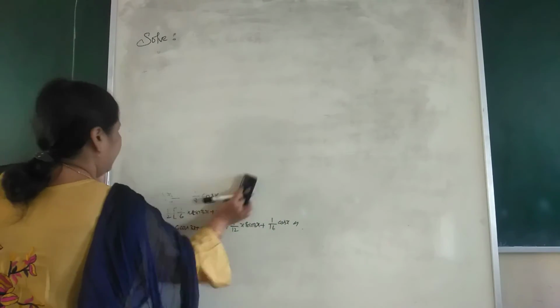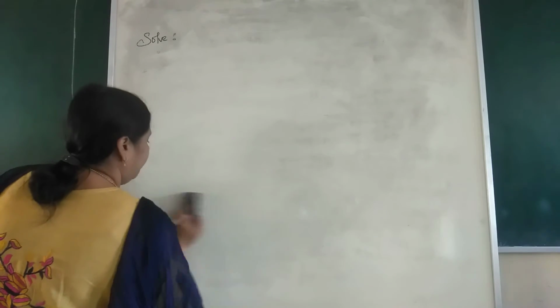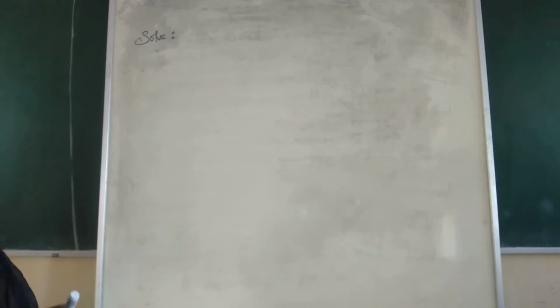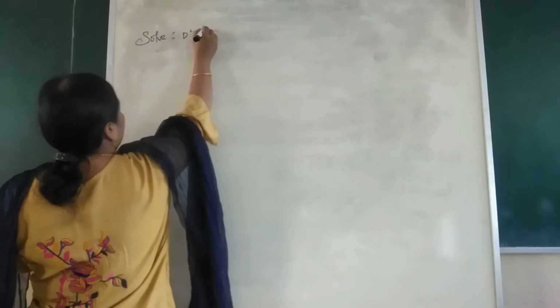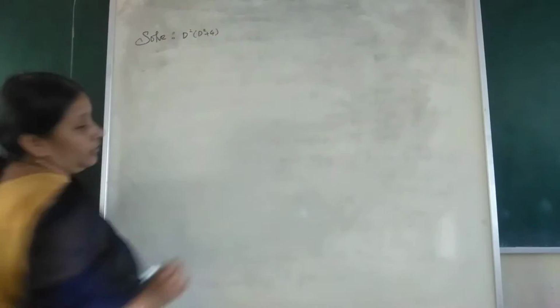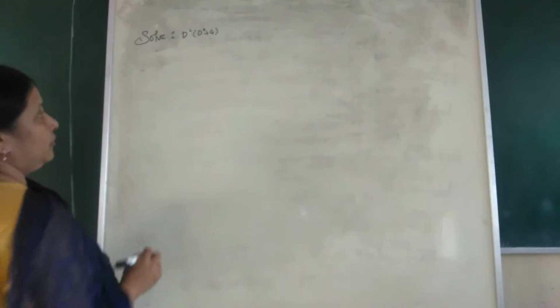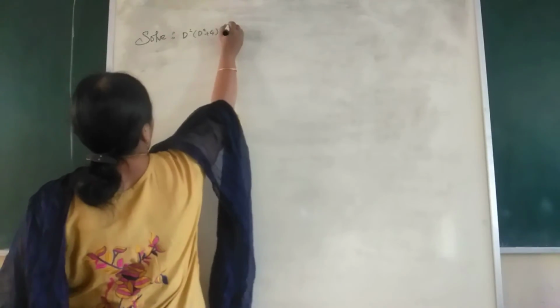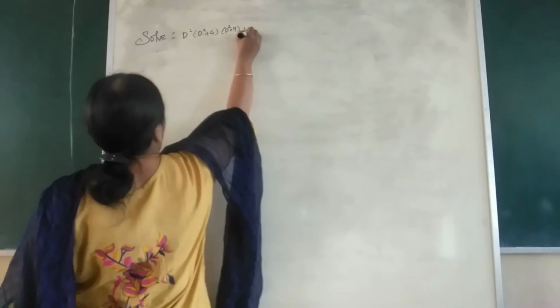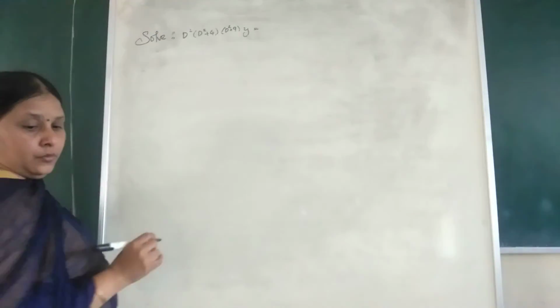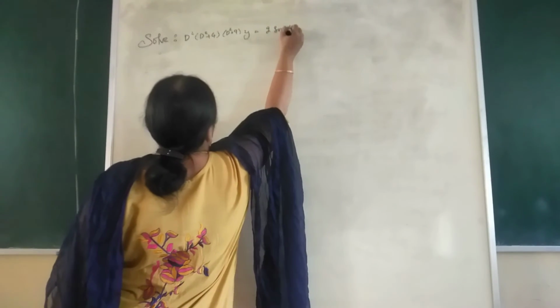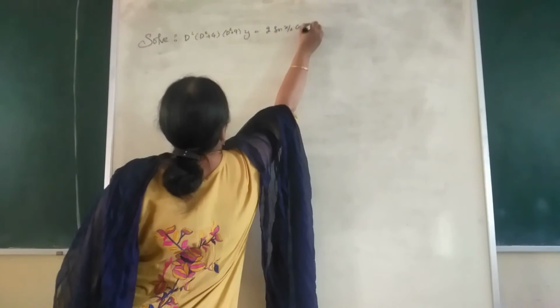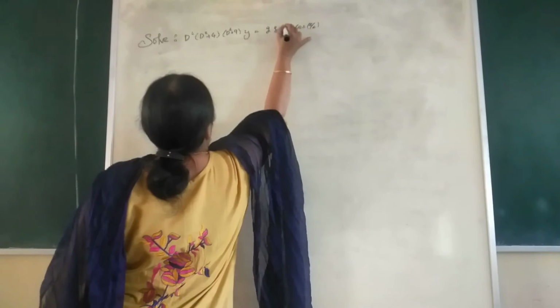Of course, the complementary function also has many terms. Let me consider that. The question says solve D square into D square plus 4 into D square plus 9 into y is equal to 2 sin x by 2 cos x by 2.